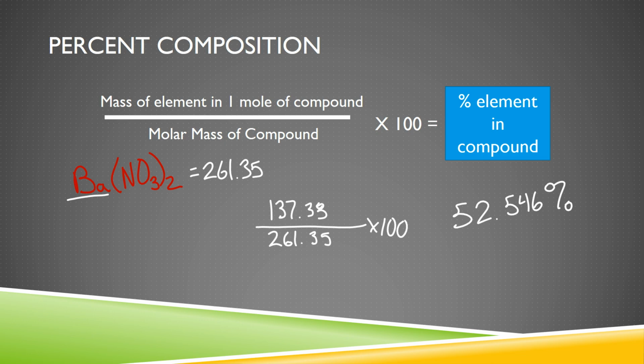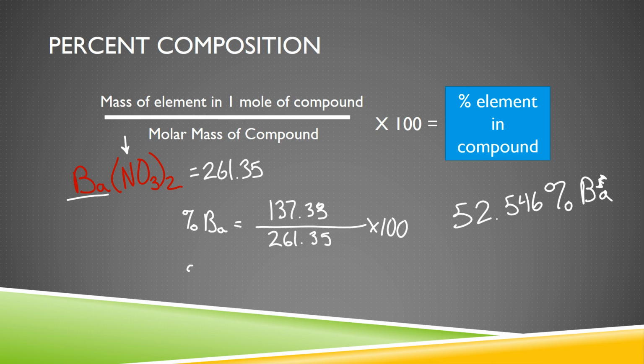Now, if I was looking at it for nitrogen in this case, that's for barium, disregard the little mark right there. That's percent barium.